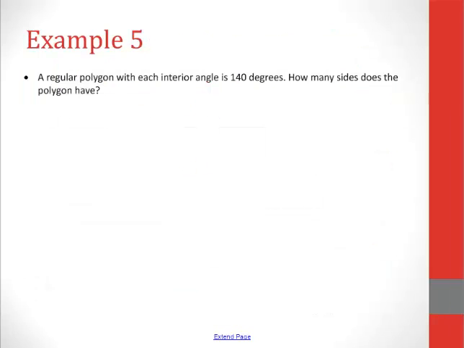So let's take a look at this example. A regular polygon with each interior angle being 140 degrees. How many sides does that have? So let me write the formula. Interior equals 180 times n minus 2 over n.